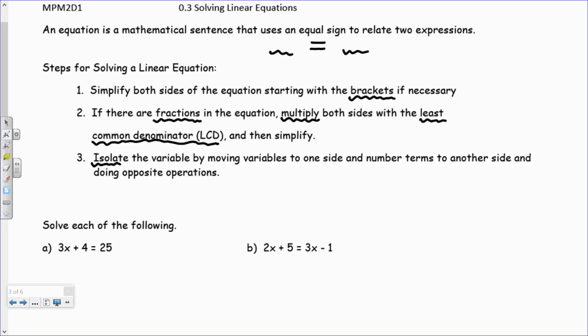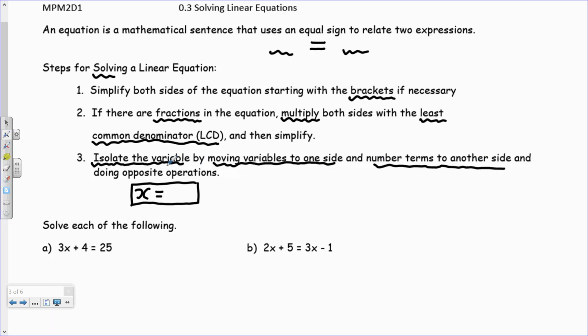We are going to isolate the variable. Solve means you want to have your final answer in this form. The variable by itself at one side, then other side is a number. So we know our final answer, we want variable by itself on one side, so we move all the variables to one side and the numbers to other side.